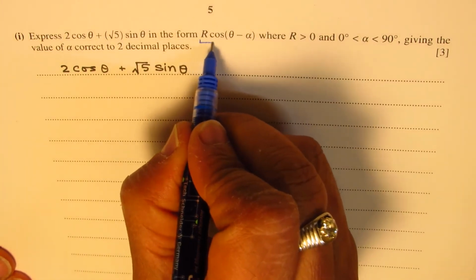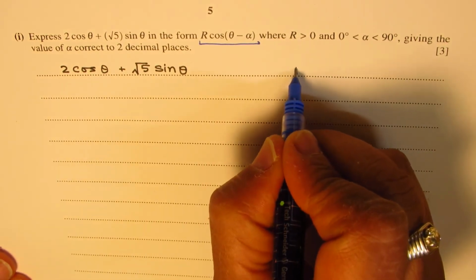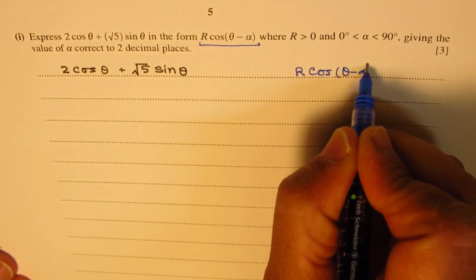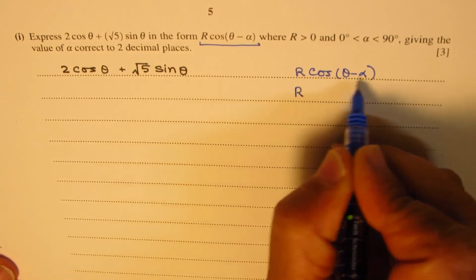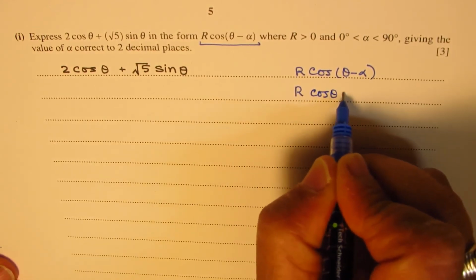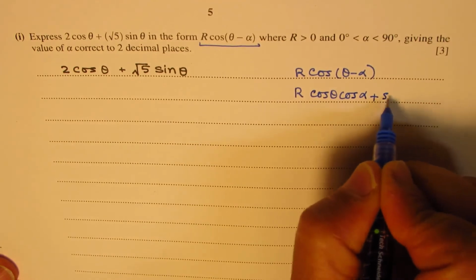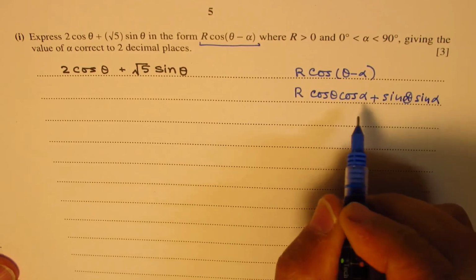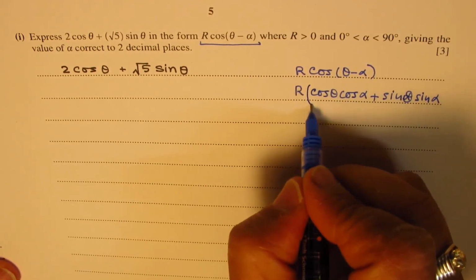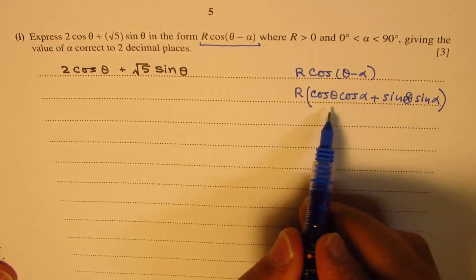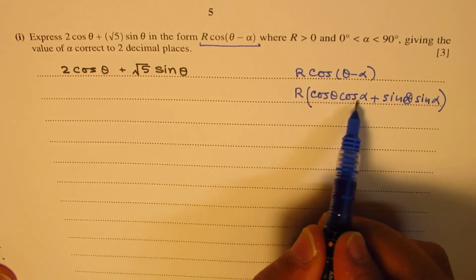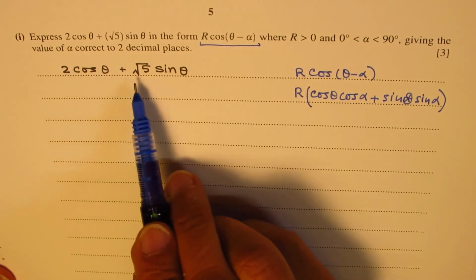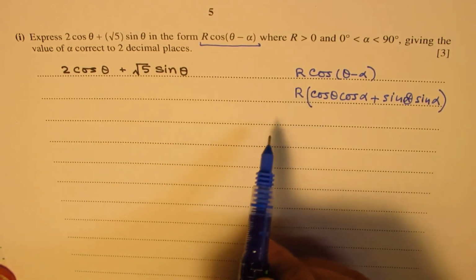So if you look into this particular right side, we are saying we want to make it equal to r of cos theta minus alpha, right? That is r of, if we expand this, we get cos theta cos alpha plus sine theta sine alpha, correct? So r outside, right? So we are looking for the values of cos alpha and sine alpha.